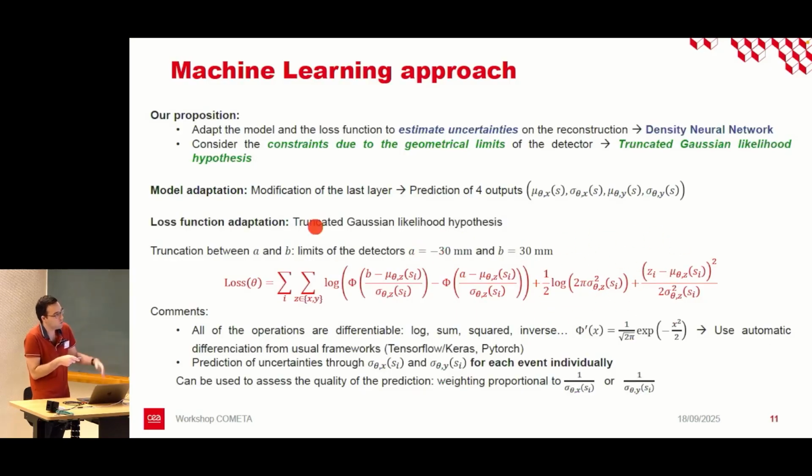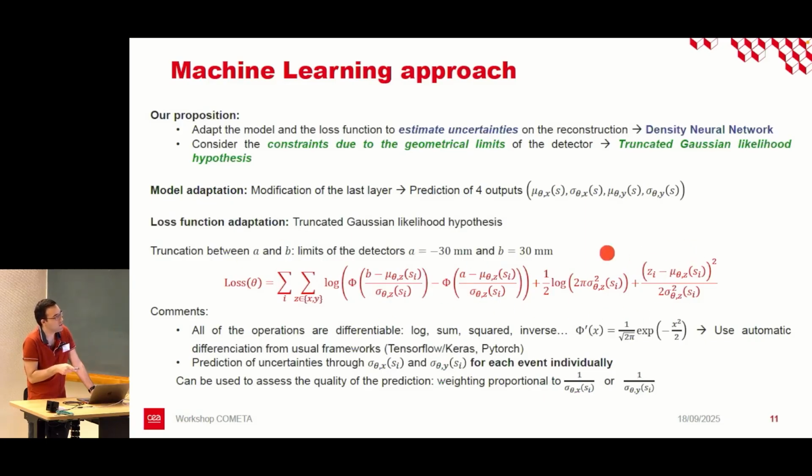One comment here is that we can find the classical mean squared error if we assume that sigma is always constant. There is no truncation, so we do not have this part. Sigma is constant, so we do not have this part, and this part either. We find again z minus mu, the prediction, squared. So it's the classical mean squared error.